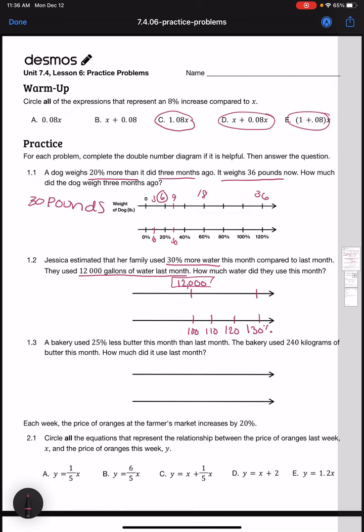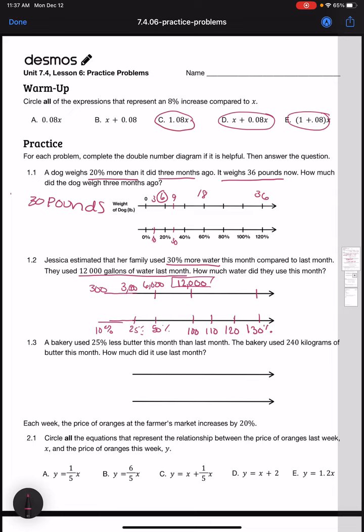So I could do 100, this would be 600 for 50%. Then I could do 25%, should be 300. Now I might just want to go down to 10%. No, I made a mistake there.